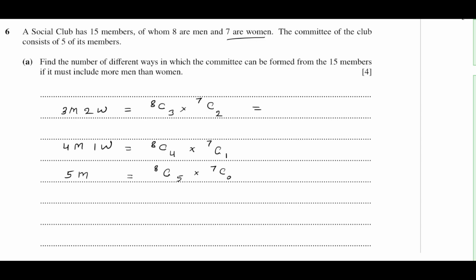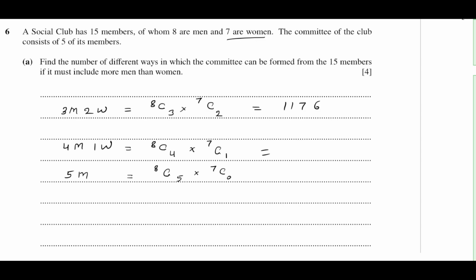Now, if we calculate these values, 3 men and 2 women will give 1176.